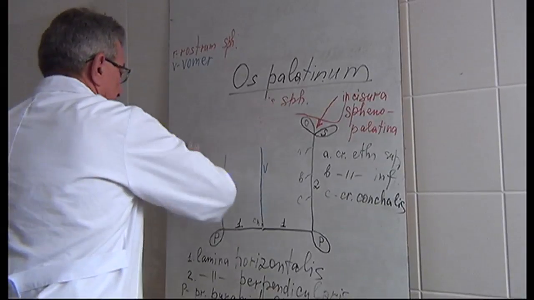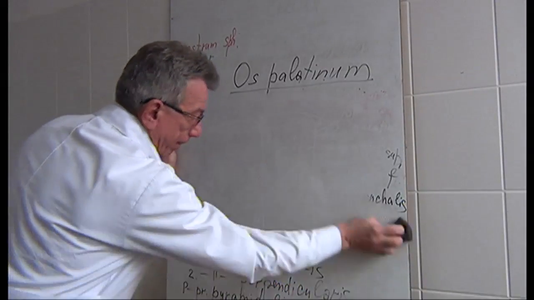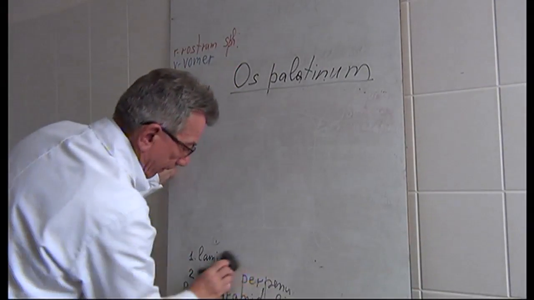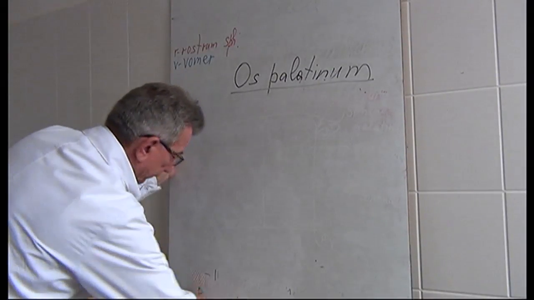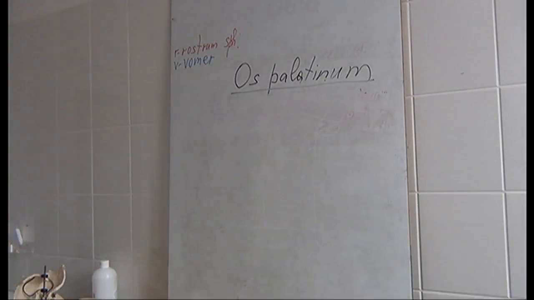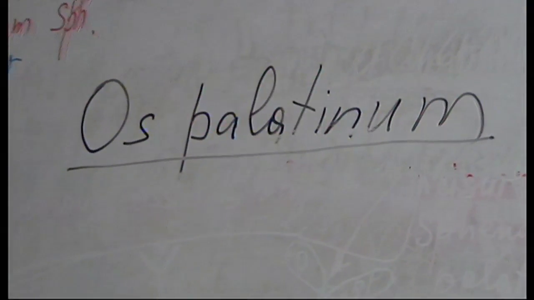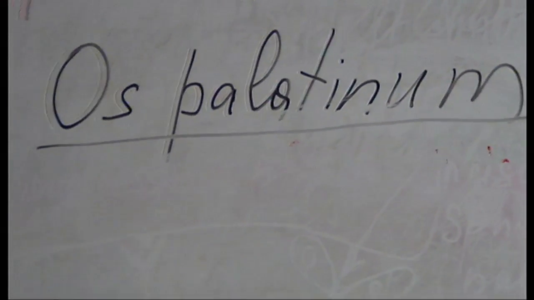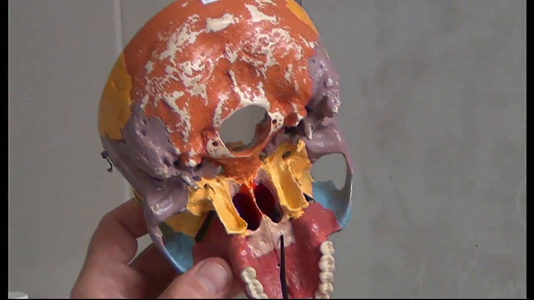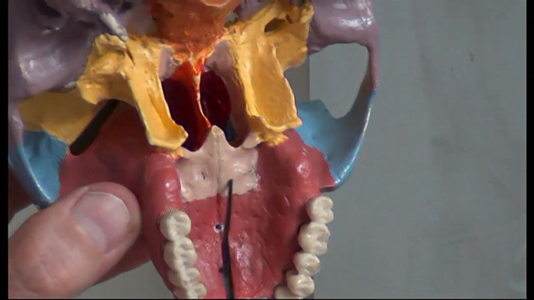So os palatinum, or palate bone, is quite a complicated bone which is colorized in this model with light brown color. Here it is.